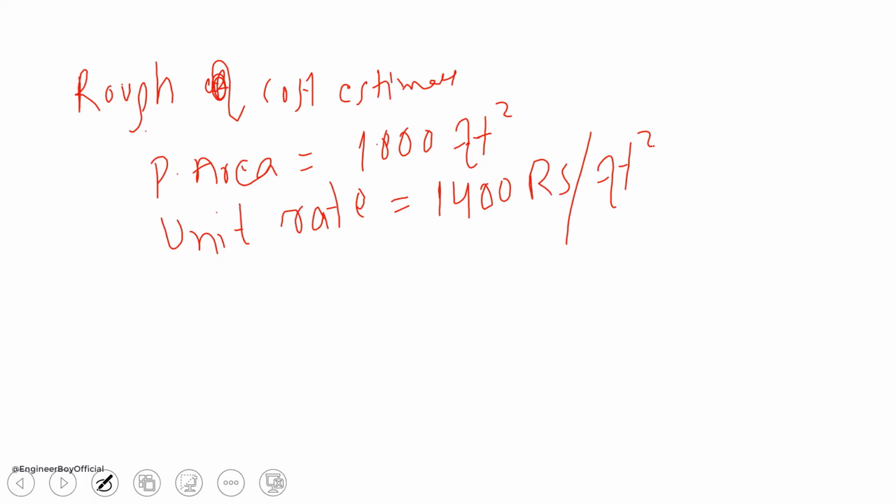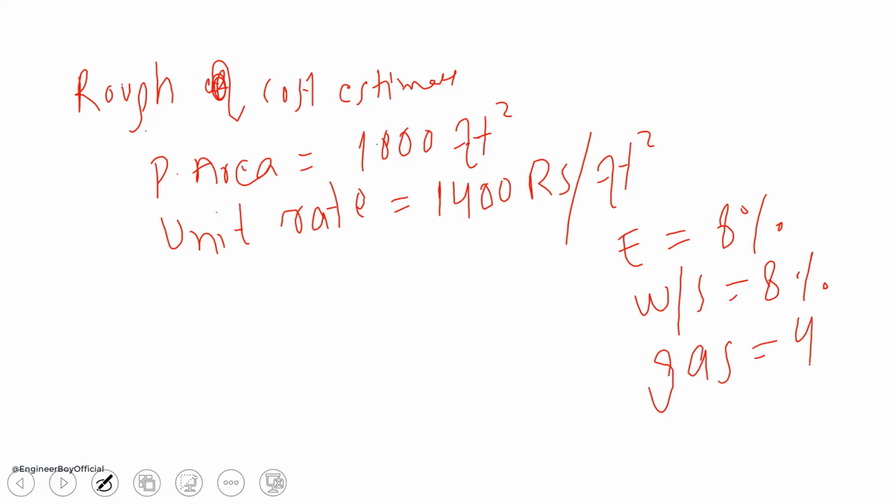Another thing which is known: we are asked to determine the rough cost estimate if we have electricity supply, that is 8%. If we have water supply and sanitation, 8%. Then we have gas supply, that is, let's say 4%. And we are asked to have contingencies, let's say 3%. And contractor profit, let's say anything can be used over here, maybe 2%, maybe 5%.